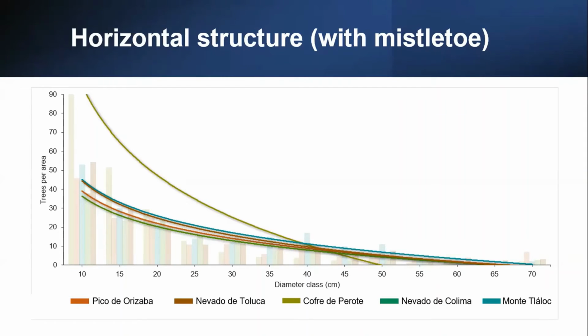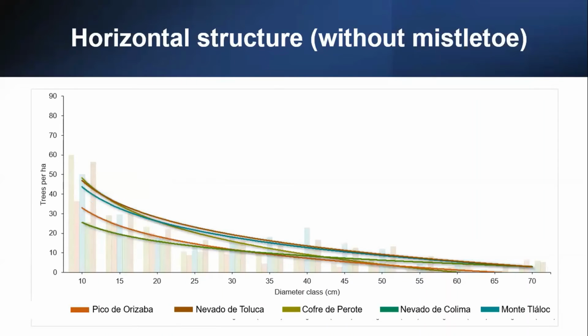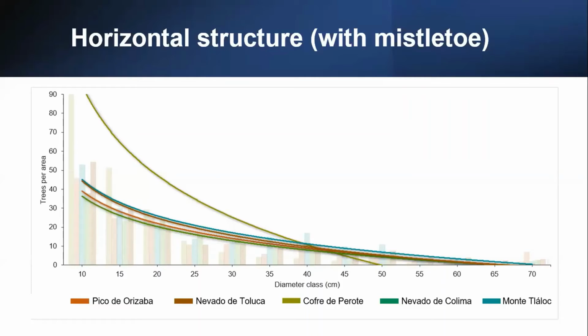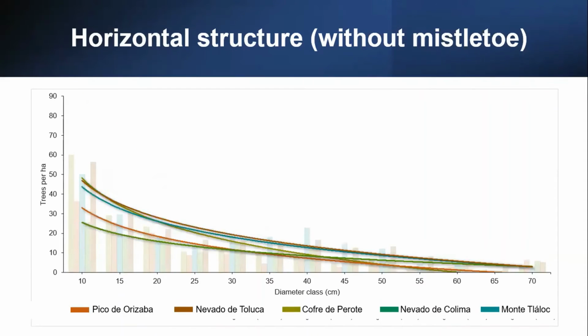You can see in Cofre de Perote we have a lot of individuals in the small diameter classes, but if we use only the healthy individuals, you can see several damages in the small diameter classes, particularly in Cofre de Perote and Monte Tlaloc.